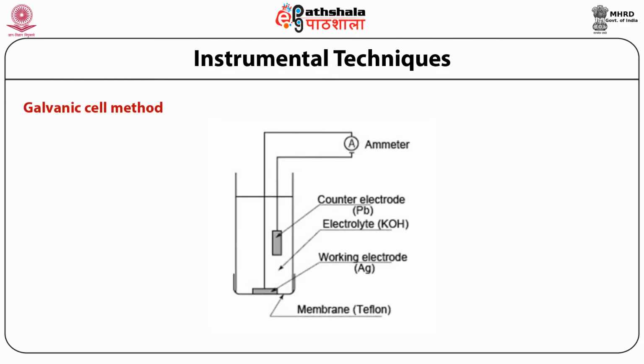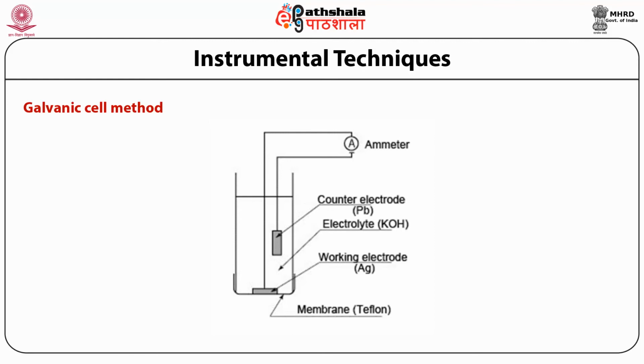The instrument used for the analysis of dissolved oxygen is the galvanic cell method. In this method, the membrane has high permeability to oxygen and is constructed so that the electrodes and the electrolyte are isolated from the water being measured.